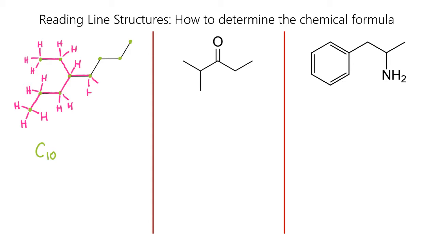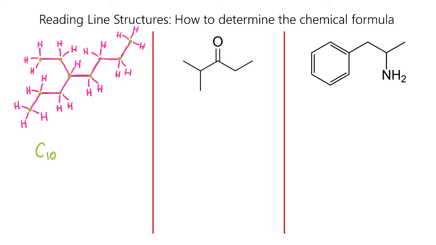This one would have 2. This one would also have 2. This has 2. And every time a carbon is on the end, it has 3. As you'll see in the next example, it is possible for carbon to have no hydrogens on it directly.